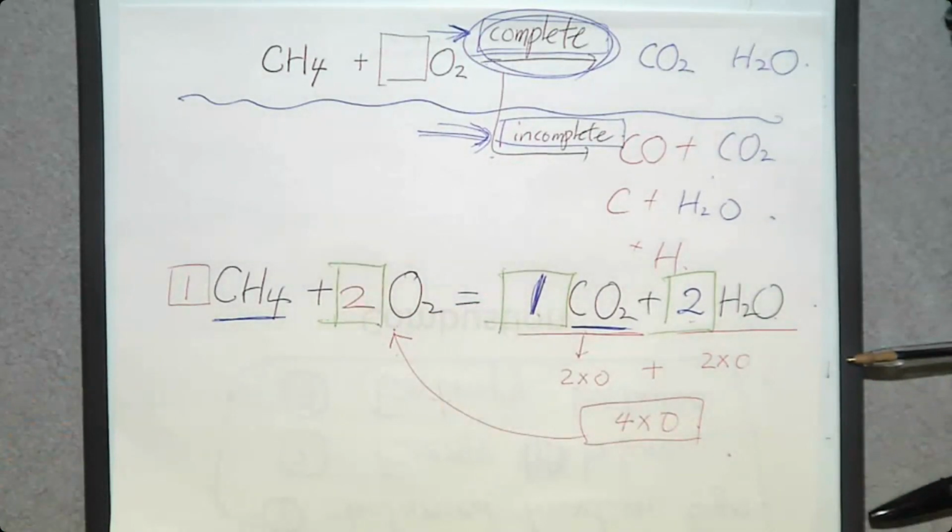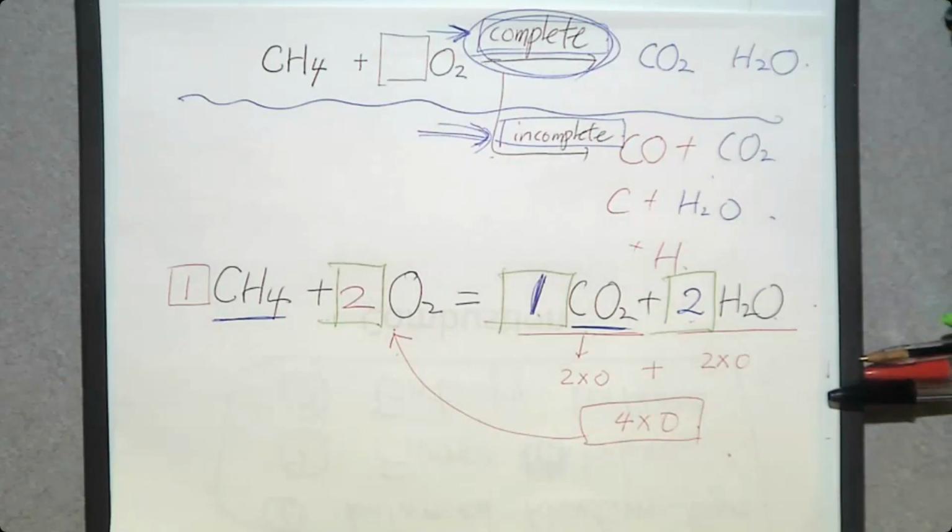So that's how you determine a balanced reaction equation. 1 kilomole of methane can react with 2 kilomoles of oxygen. It can create 1 kilomole of carbon dioxide and 2 kilomoles of water. Okay? Pretty simple, right?